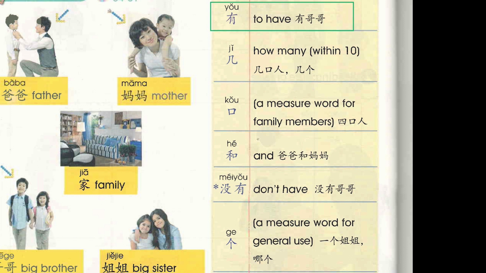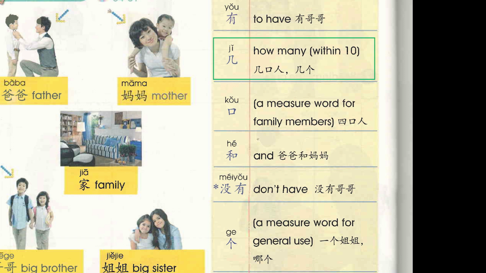So they have given one example. 有哥哥 means to have a big brother. The opposite of 有 is 没有，that means 没有哥哥，don't have a big brother. 有哥哥 means have big brother. 没有哥哥 means don't have a big brother.